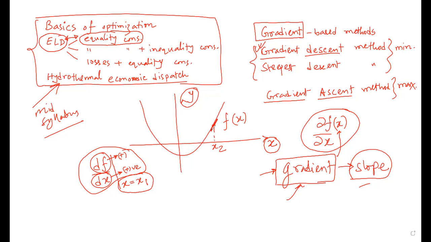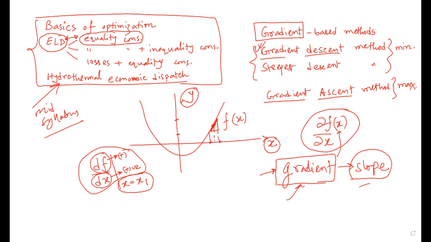Okay, so positive change in x with respect to positive change in y, or vice versa. Positive change in y with the change in x. This is the definition of this. Okay. So now, for example, you are calculating the gradient at this point x2 for this function. The gradient comes out as positive.